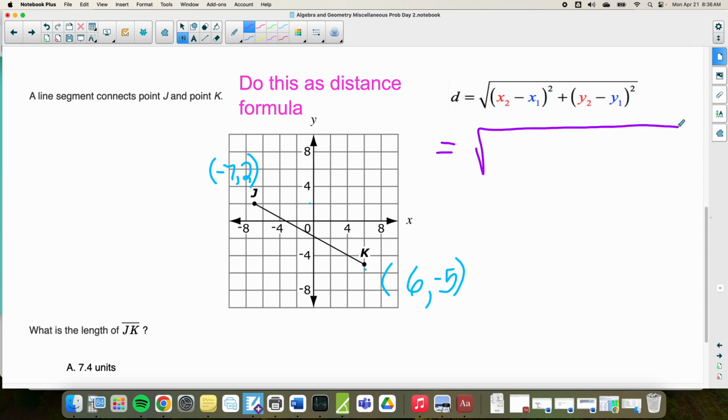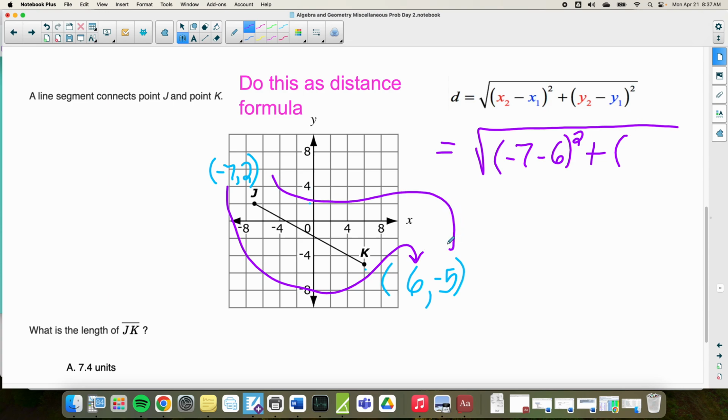So let's say you went -7 minus 6 squared plus, and then you have to do your y's in the same order as you do the x's. So here's your x's, then I have to do that same order with my y's.